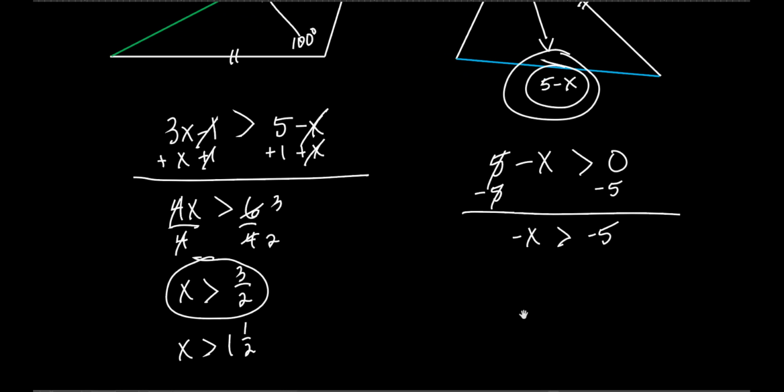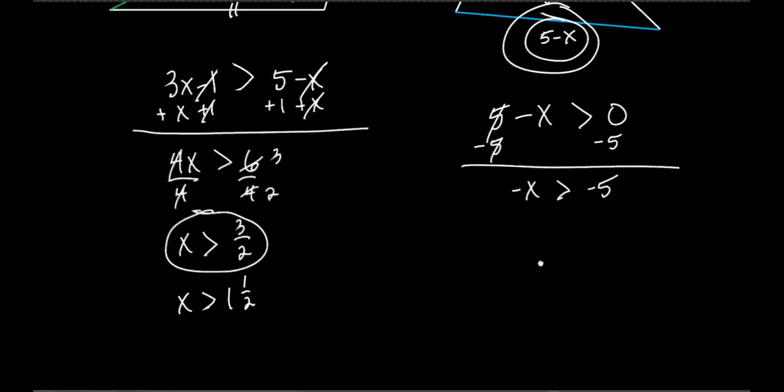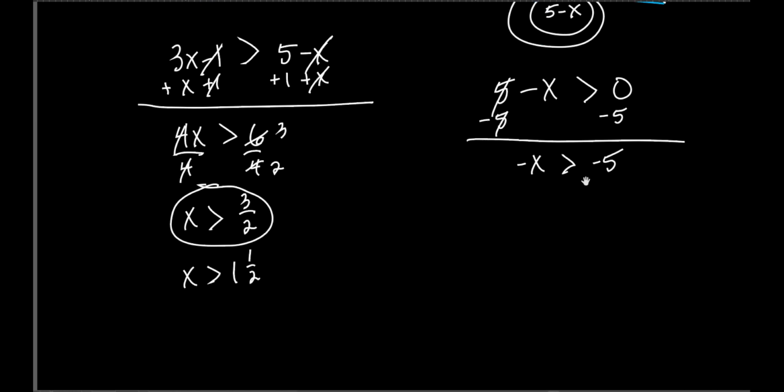Nothing changed. There's only one time where it changes. It's when you divide or multiply by a negative sign. Has anybody heard that in Algebra 1? I think this is a very common Algebra 1 topic, okay? If you divide or multiply by a negative, you need to leave?